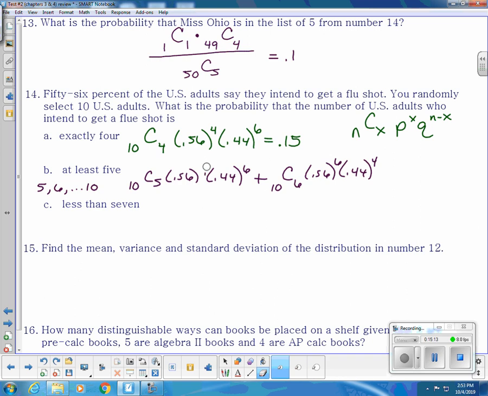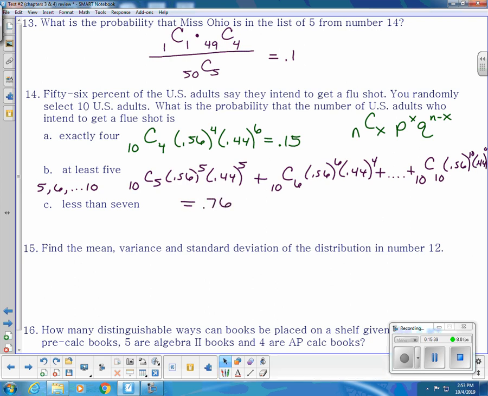I'm just getting ahead of myself. This is supposed to be 5 and 5. Looking up above. Plus, and you keep going until you get to 10 choose 10. Okay, and after all is said and done, you should get 0.76.